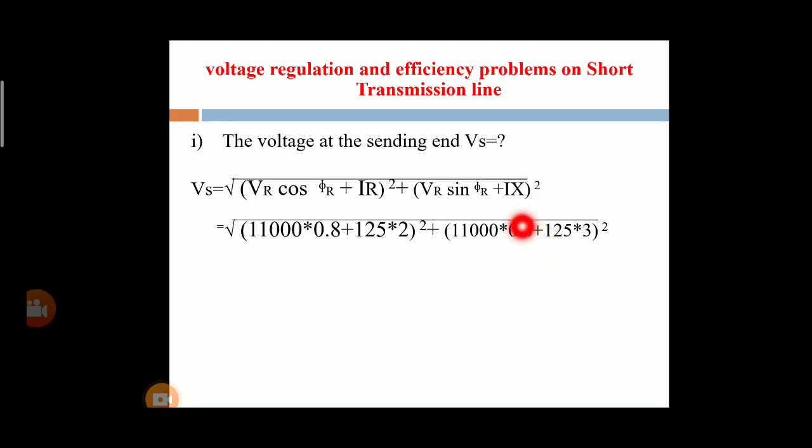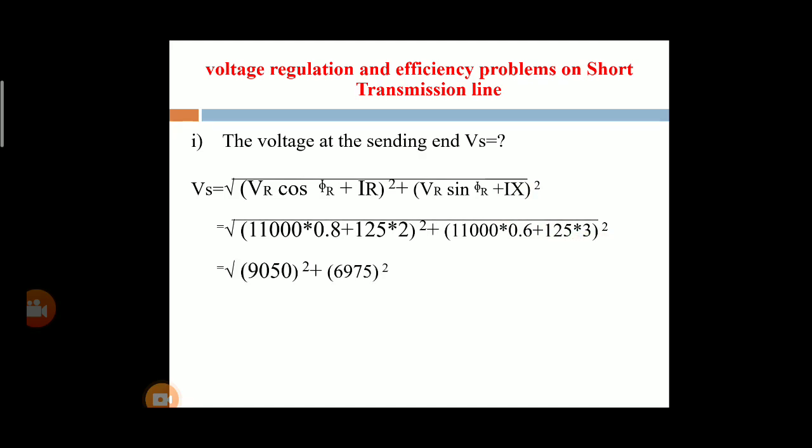Plus I is 125, which was derived in the previous slide. The I value, that is the load current, was derived by using the power formula. So 125 amperes into the X value, which is also written in the equivalent circuit diagram, X is 3, whole square.